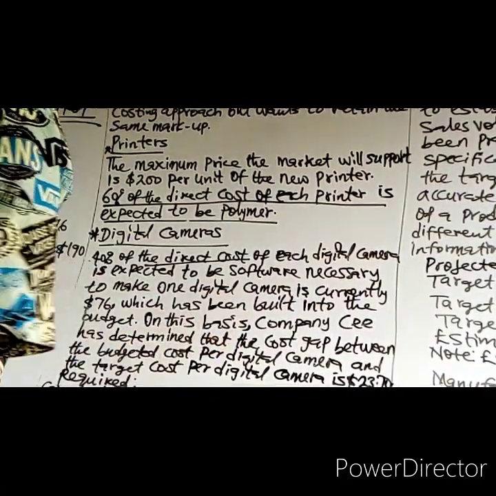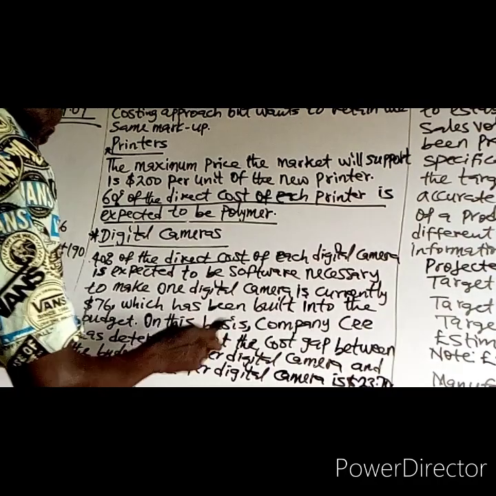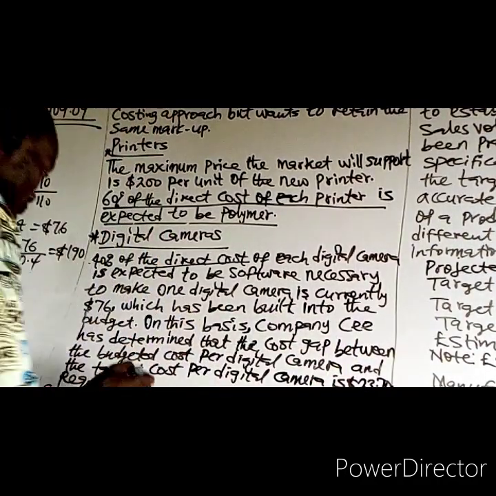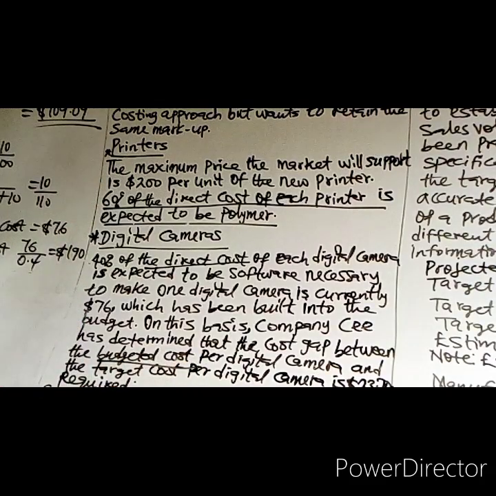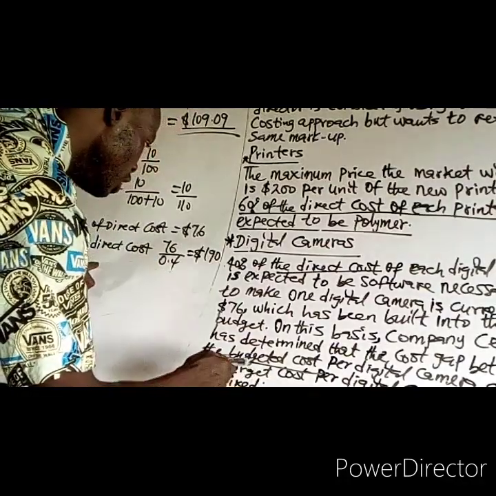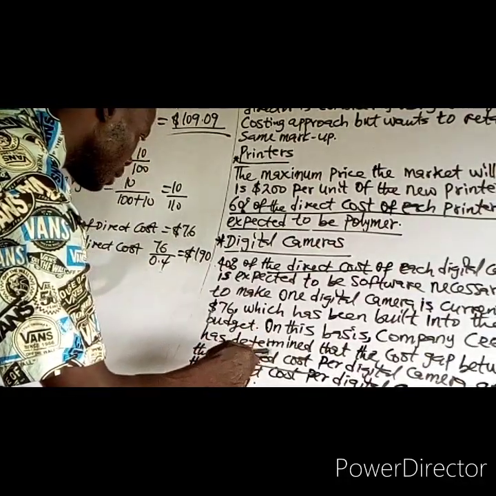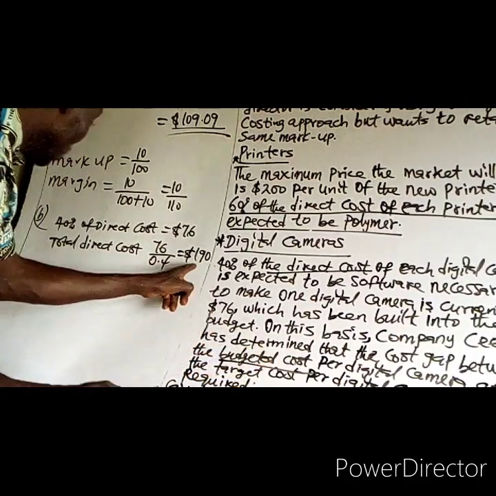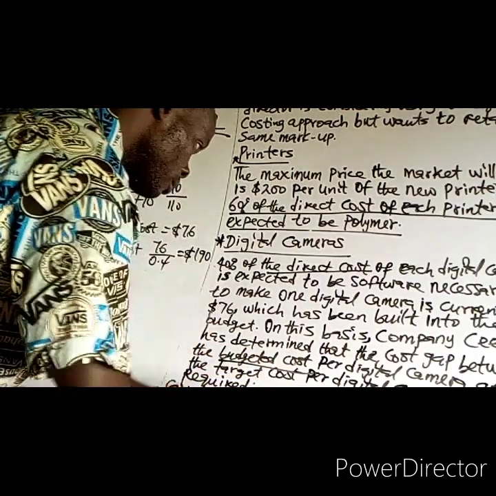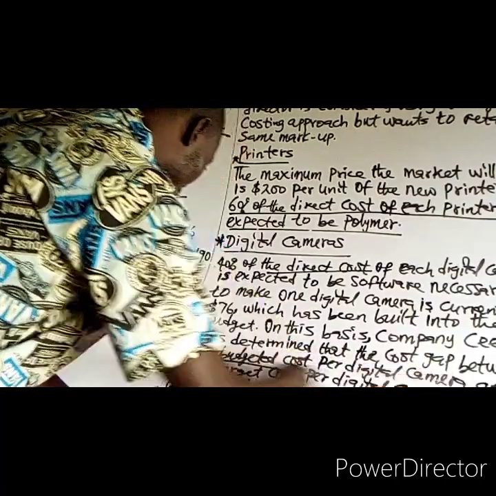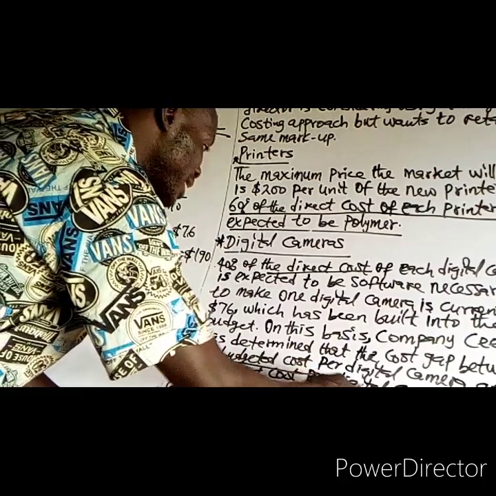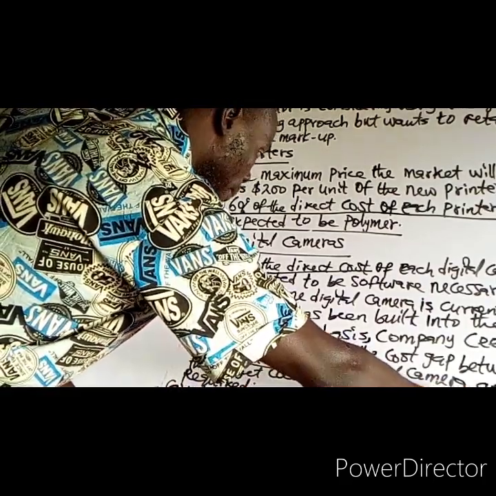On this basis, company C has determined that the cost gap between the budget cost. Notice direct cost is the budget cost. Direct cost is what you have in the budget. The budget cost is $190 per digital camera, and the target cost per digital camera is $23.70.